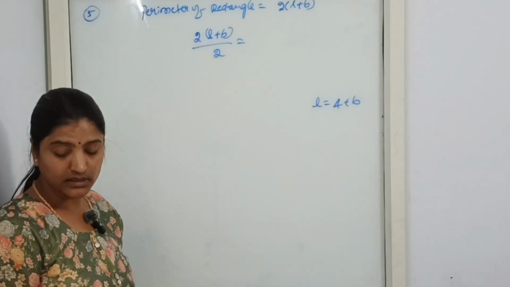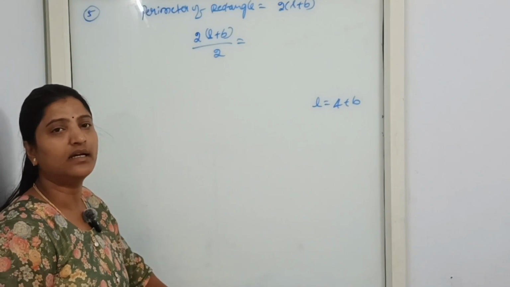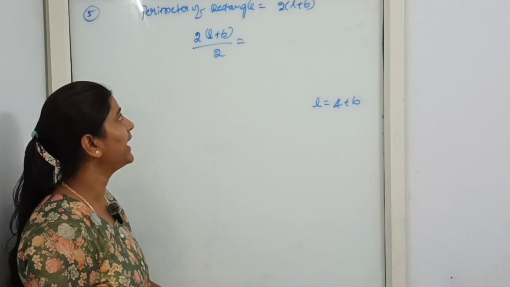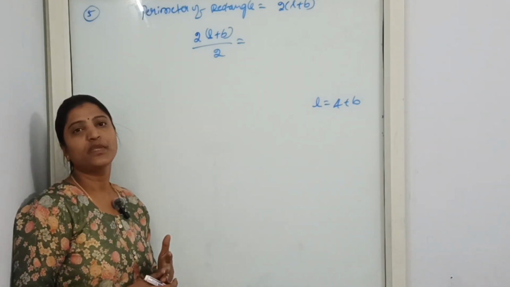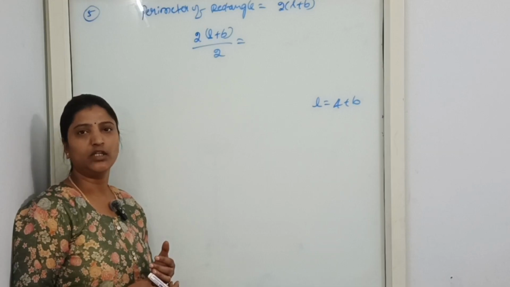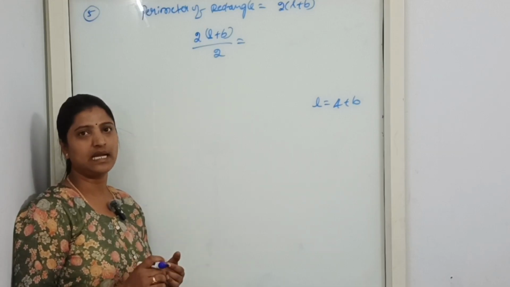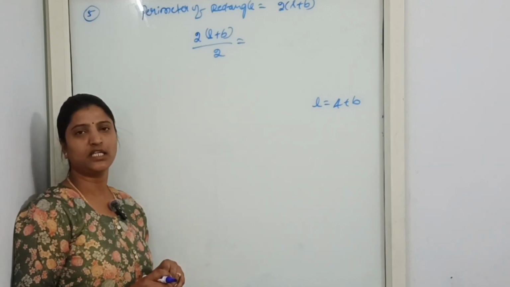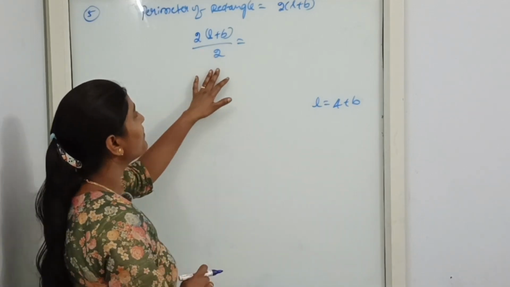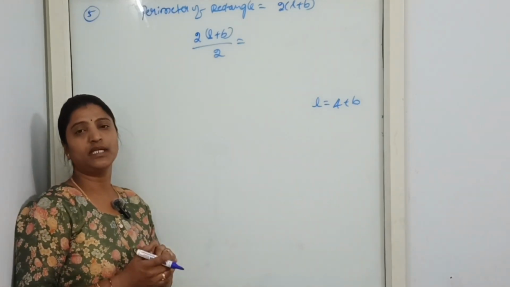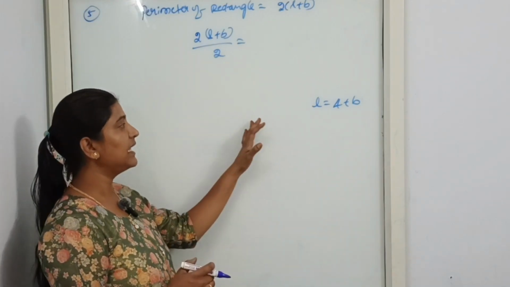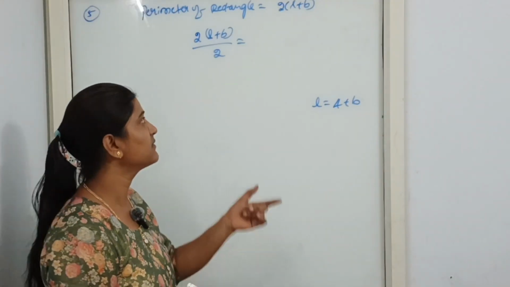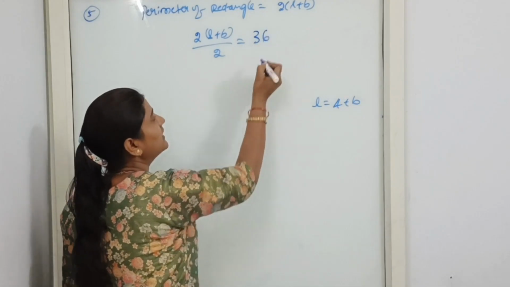Here they didn't mention we need to find this solution graphically, but we should keep in our mind like this sum we should sort out by using graphical method only. Practice thoroughly, understand, and if they ask like this sum in the exam, you have to go for graphical representation only. Okay. So here they have given half of the perimeter of the rectangular field whose length is 4 meter more than its breadth is 36. Is 36 means this is equal to 36.